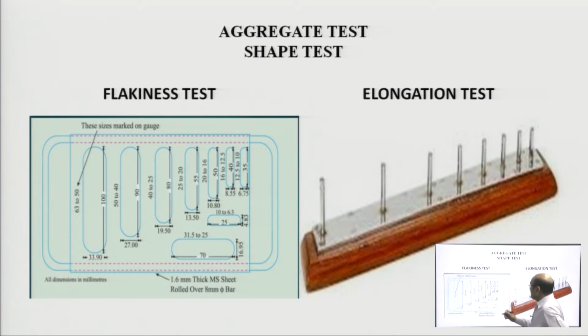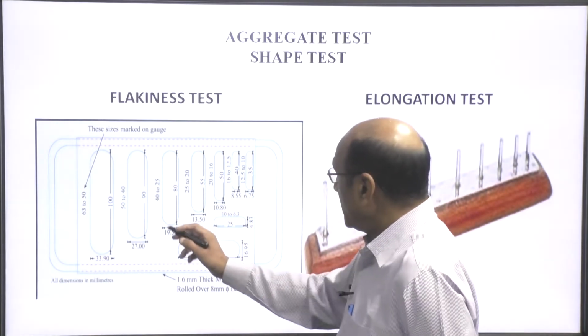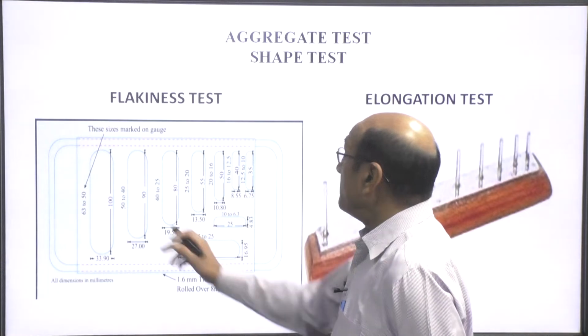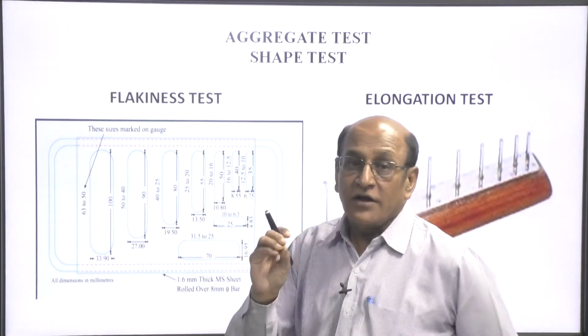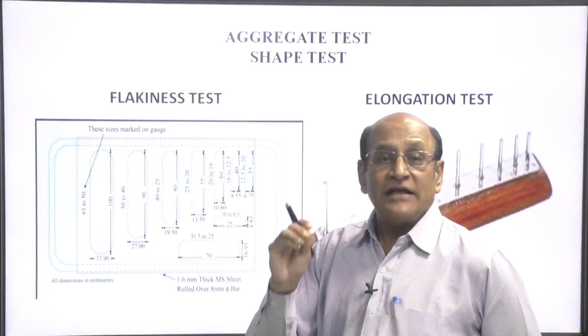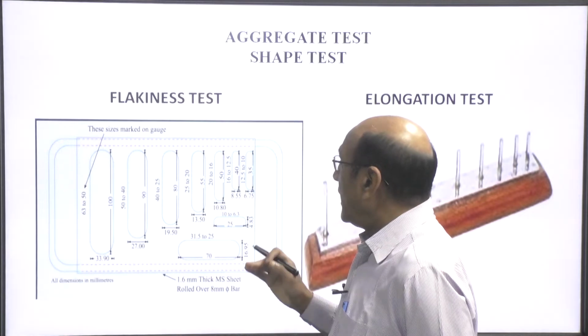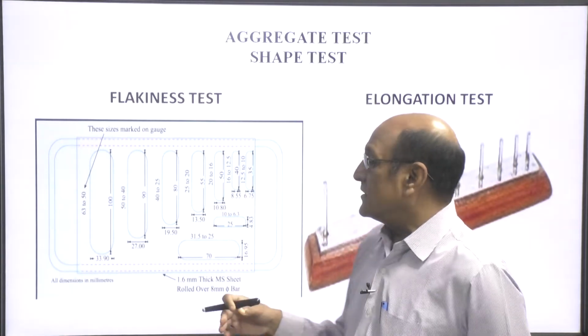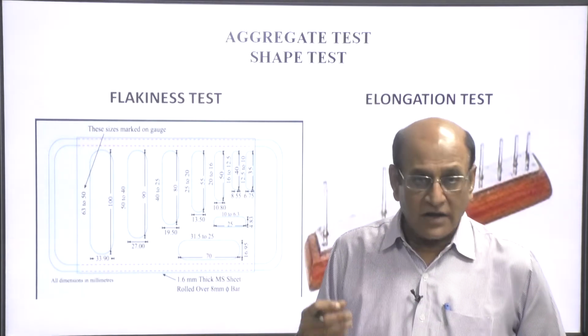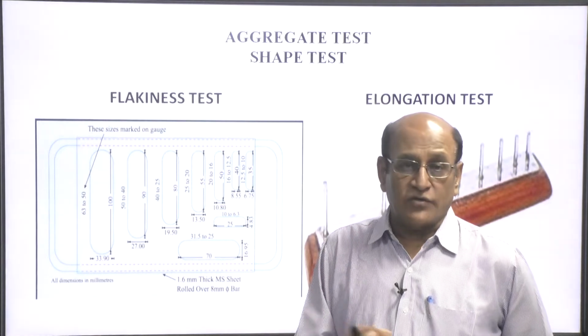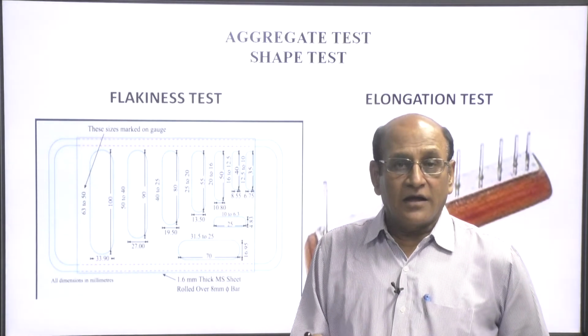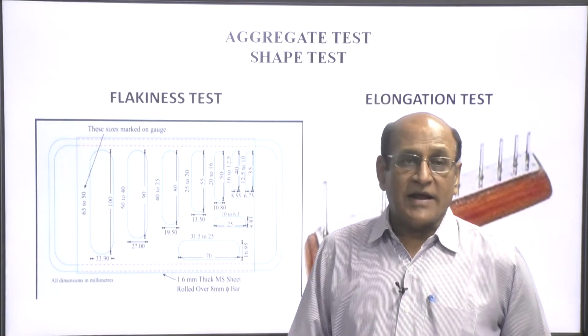So, this is the slot of 3 by 5 of the mean dimension through which the stone aggregate is passed, and the value is calculated by the weight of the sample passed through the slot, divided by the total sample multiplied by 100.